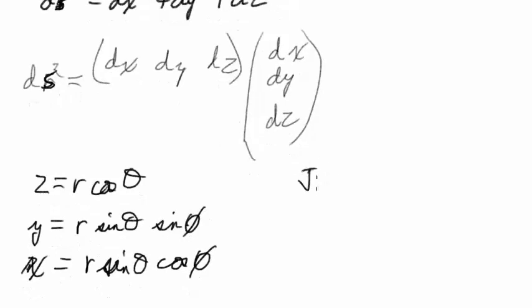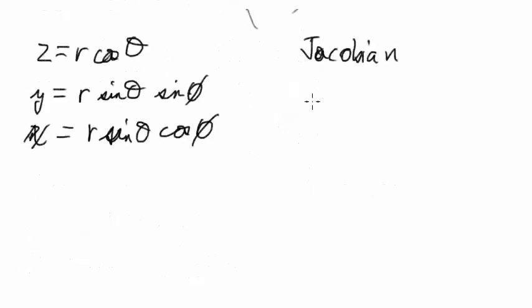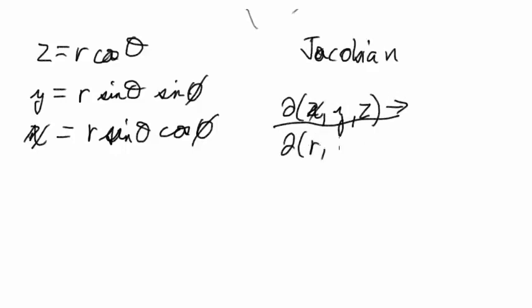And bear with me now, I'm going to calculate something that's called the Jacobian. A couple of different notations for the Jacobian could be del x comma y comma z right arrow over del r comma theta comma phi down arrow.